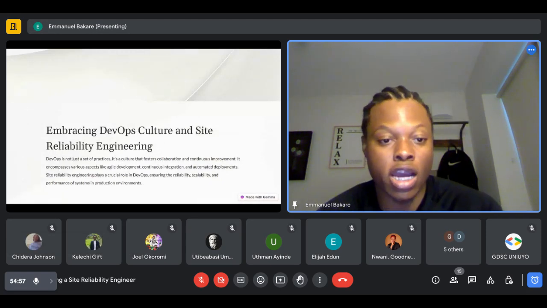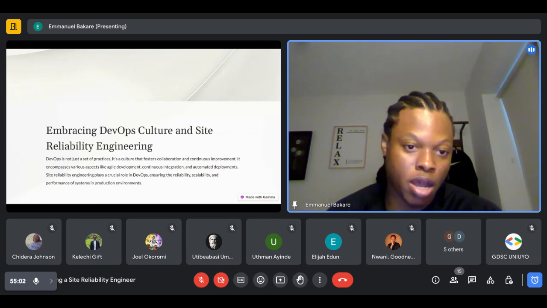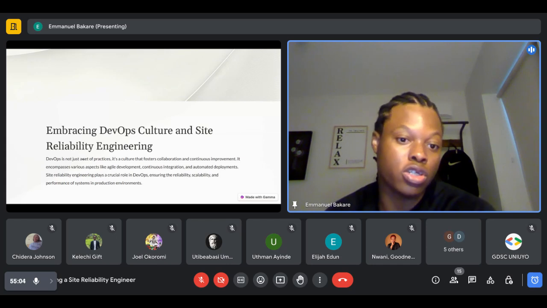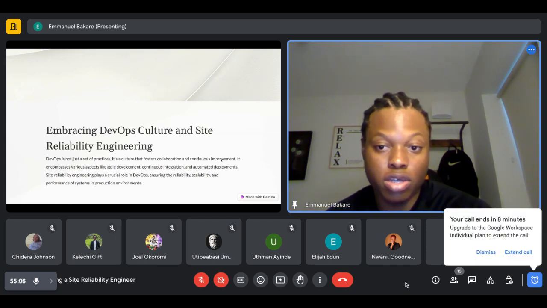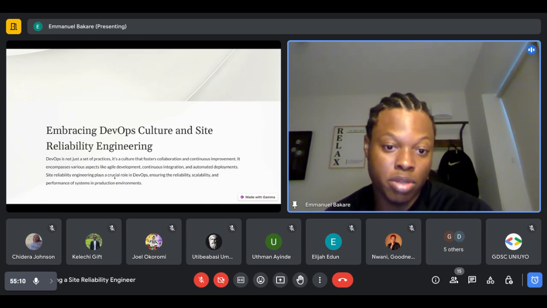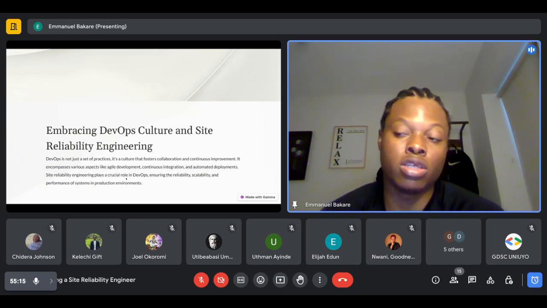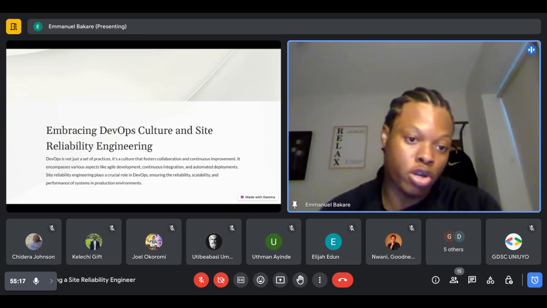So DevOps is actually a culture. Let me outline what's here. It's not just a set of practices, it's a culture that fosters collaboration. Site reliability engineering plays a crucial role in DevOps. So site reliability engineering is the role, and DevOps is more a culture.